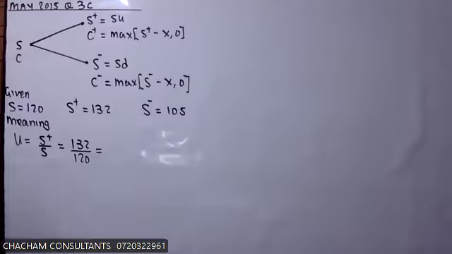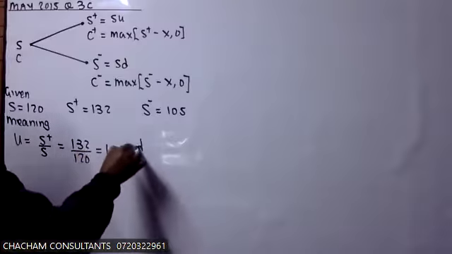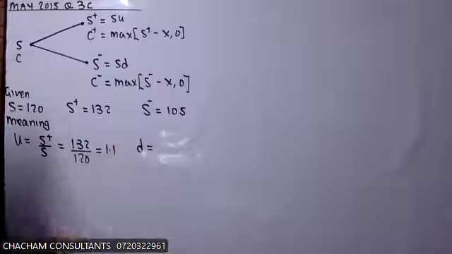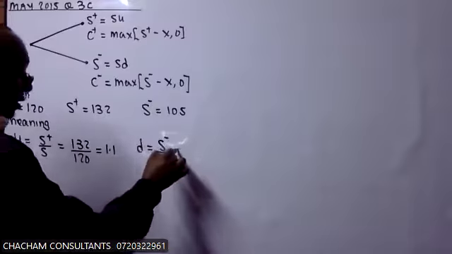The upward movement factor is 1.1. If I want to know my D, it will be the S down minus the S current.